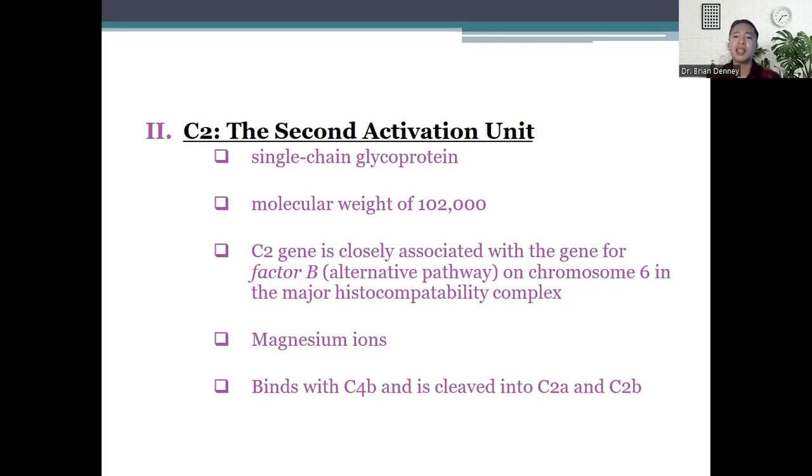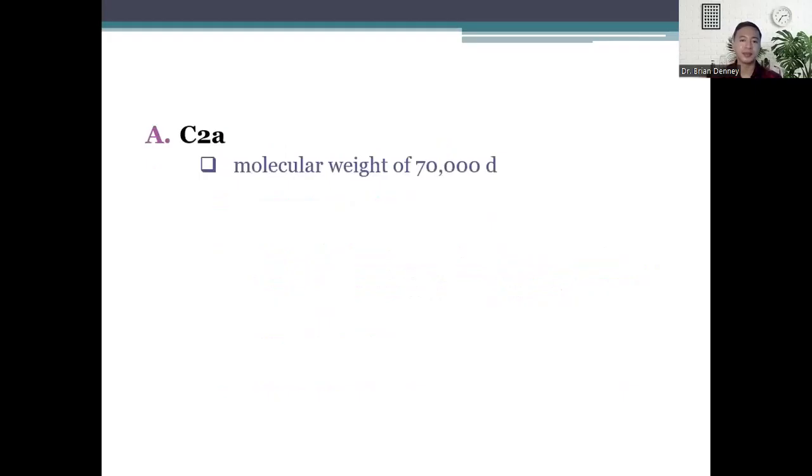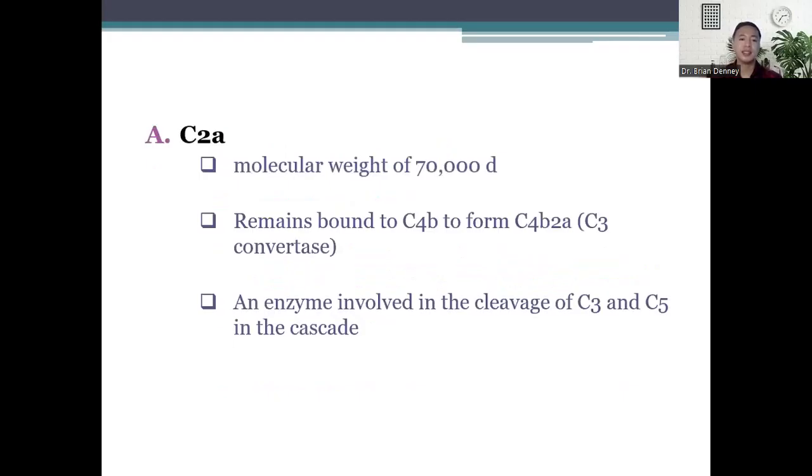So let's discuss first C2a and C2b. Again, which participates in the cascade? The larger fragment, which is the C2a. So C2a is the fragment participating in the cascade, which causes cleavage of the next complement proteins, your C3 and your C5. I will discuss that in detail in the next few slides.